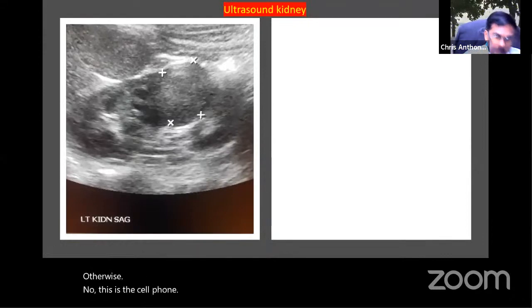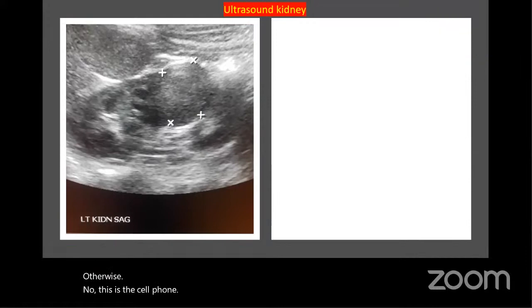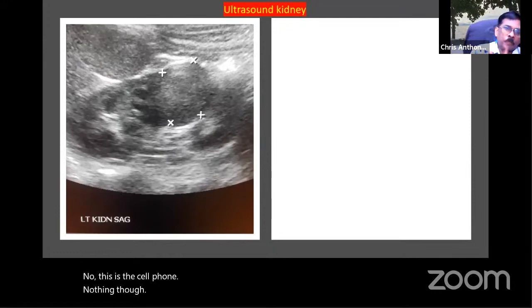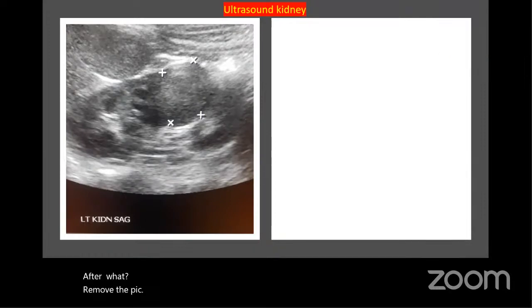Okay, now this is the ultrasound of a kidney, one film. Okay, Roshan Rao. Yes, doctor. Okay, this is his right kidney. This is one ultrasound film. So what do you see on it? What can you interpret from this ultrasound? There's a globular shaped mass.